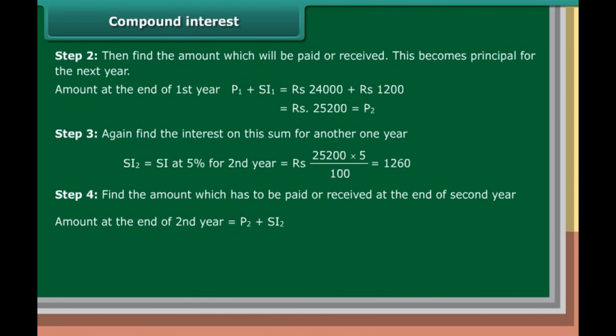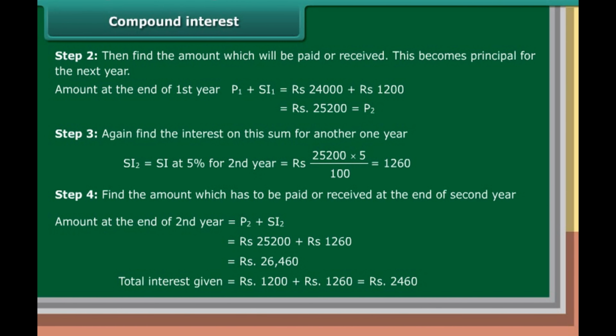Amount at the end of second year is equal to P2 plus SI2, which is equal to rupees 25,200 plus rupees 1,260, which is equal to rupees 26,460. Total interest given is equal to rupees 1,200 plus rupees 1,260, which is equal to rupees 2,460.